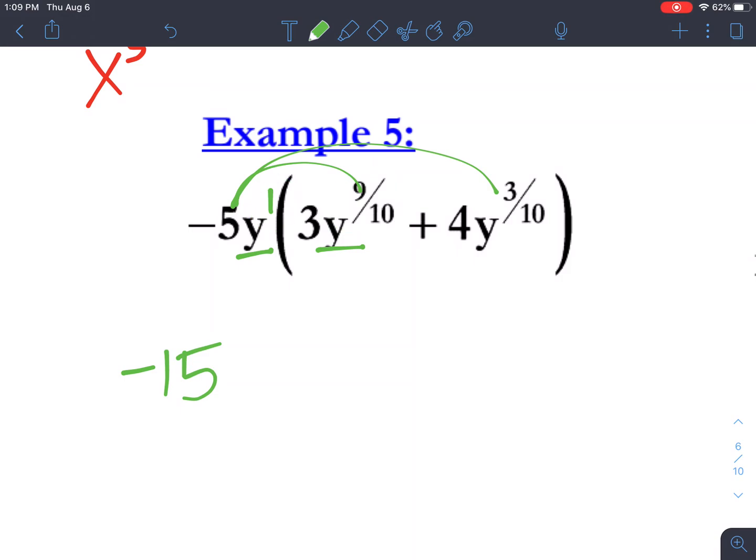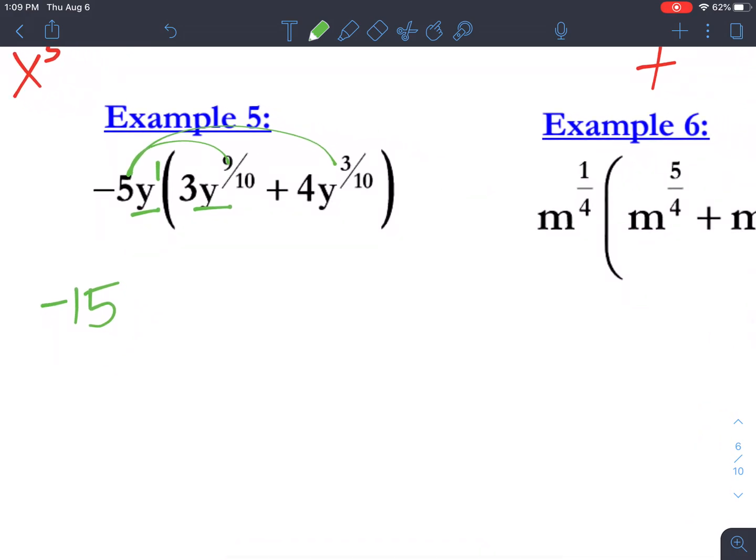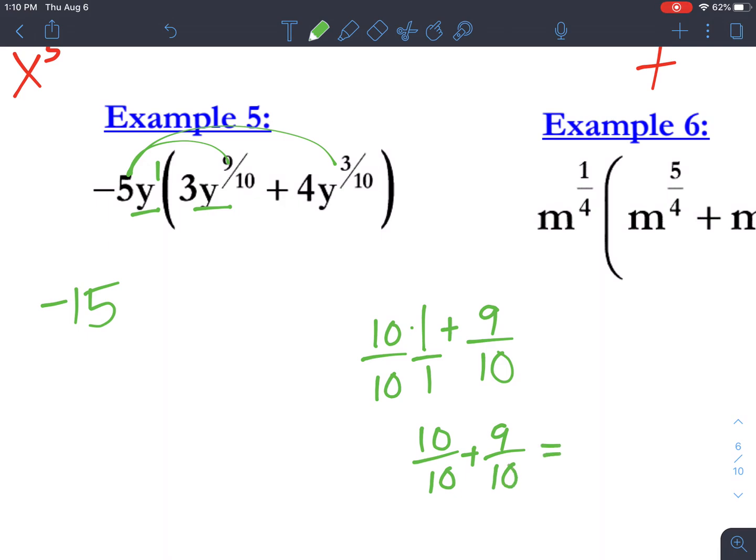Now, if you remember from algebra way back in your life when you added fractions, 1 plus 9/10, we want to create this to be both in tenths. So we're going to multiply this guy by 10 over 10. So 10/10 plus 9/10 equals 19/10. So overall, 1 plus 9/10 gives us 19/10.